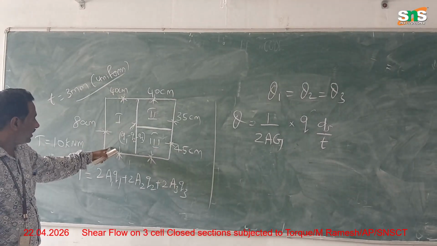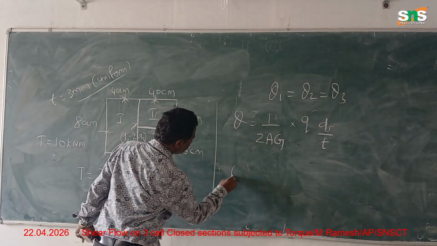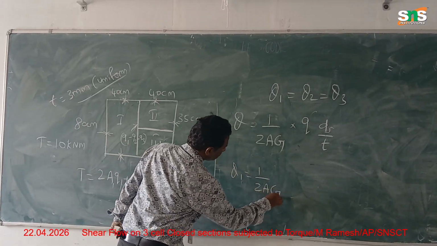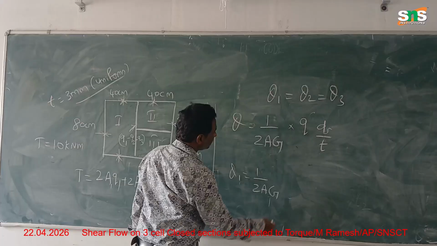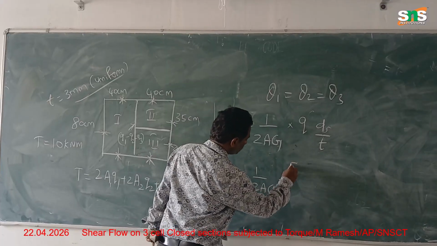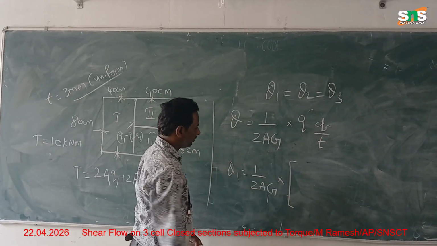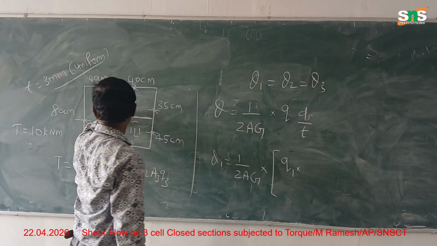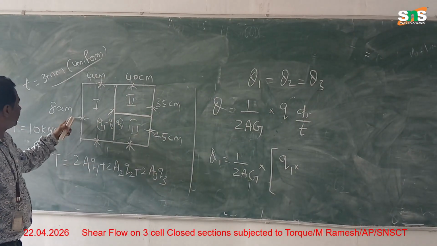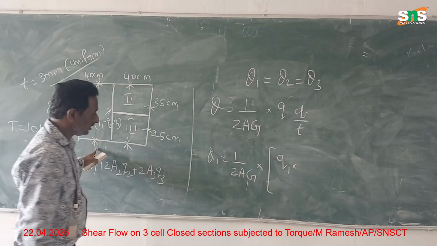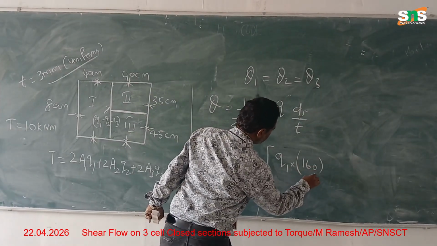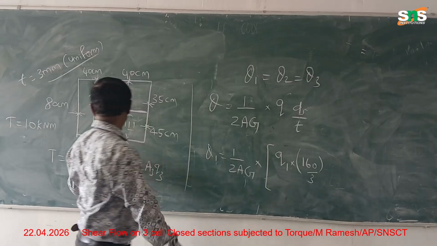While considering theta 1, that is 1 by 2A1G into the integral of Q ds by t, ds equals 80, 40 plus 40, so totally 160, divided by thickness 3 mm.